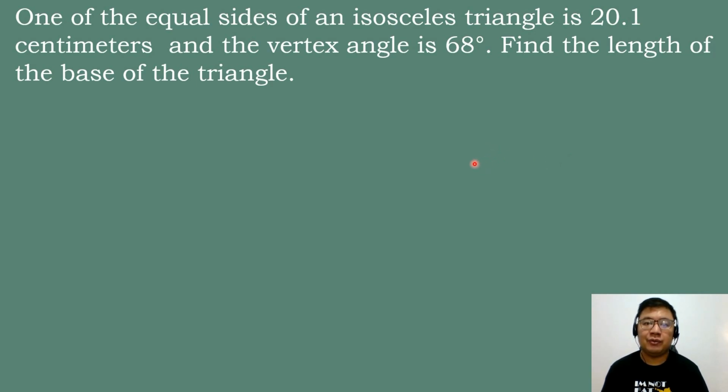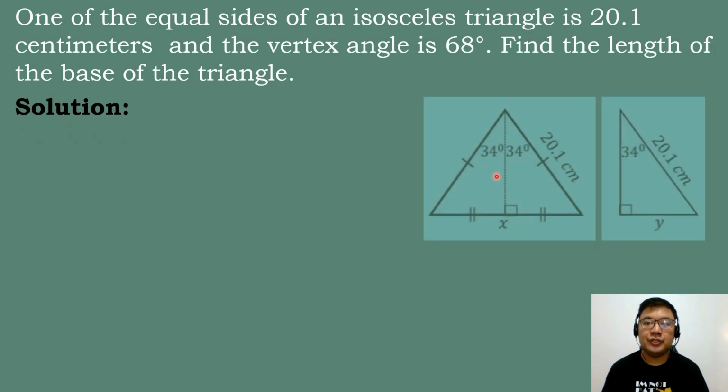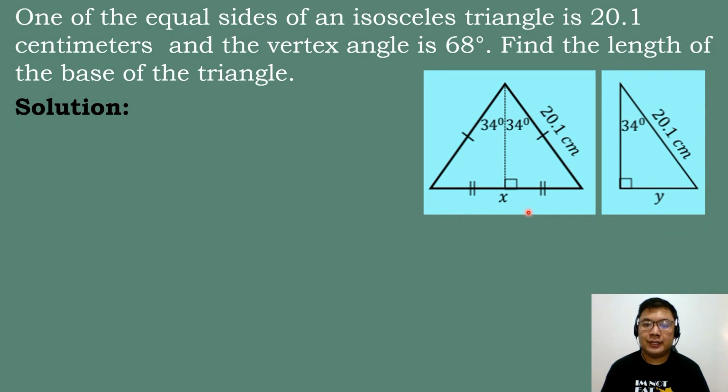So I have already here the illustration wherein this is the isosceles triangle. When we say isosceles triangle, two sides are congruent with each other. We will label this isosceles right triangle, and we all know that the vertex angle is said to be equal to 68 degrees.